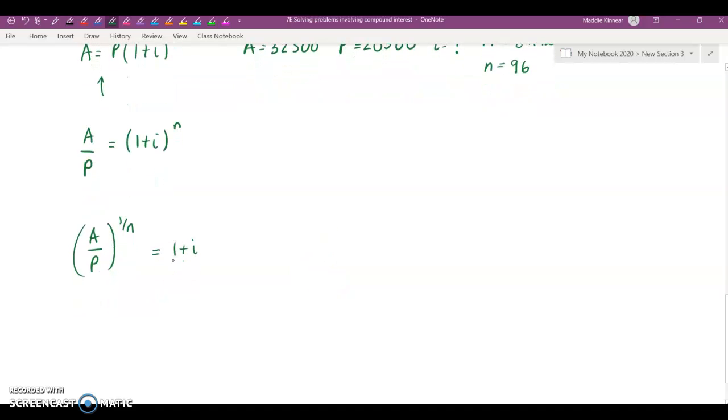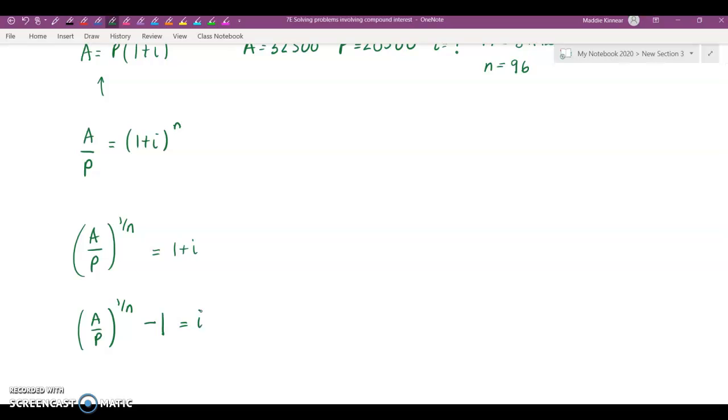Finally, to isolate I on its own, I need to remove the 1. So I'm going to get A on P to the power of 1 on N, subtract 1 equals I. And that's how you would rearrange the formula in your exam.